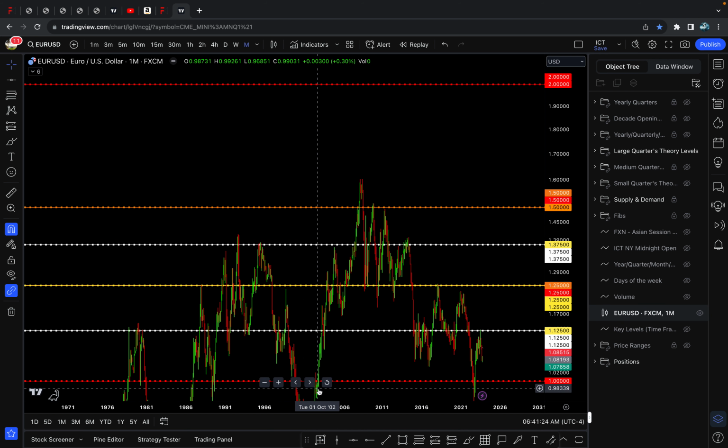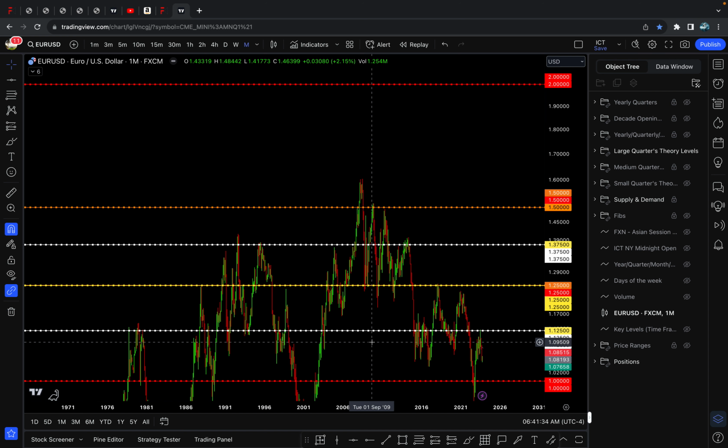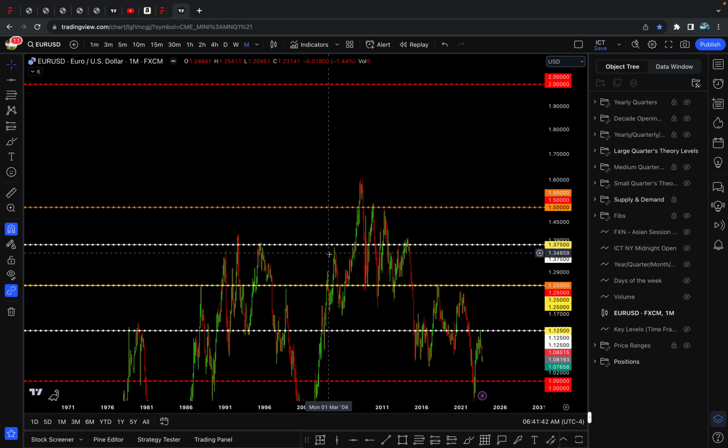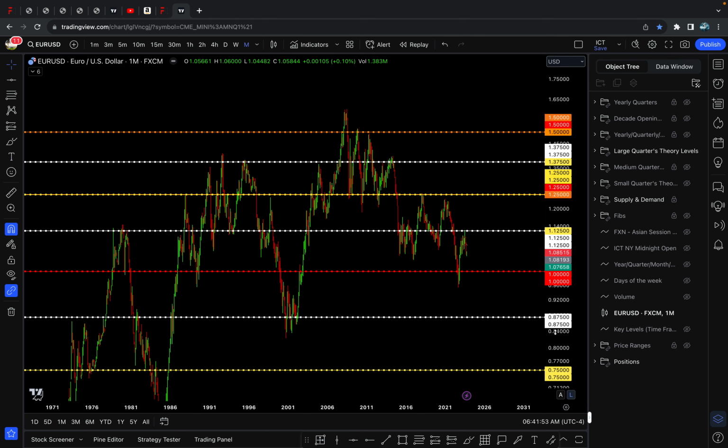Halfway between 1.0 and 1.25 is 1.125. Okay, and halfway between 1.25 and 1.5 is 1.375, and you'll learn these levels as you go. It will be more clear here in a second.